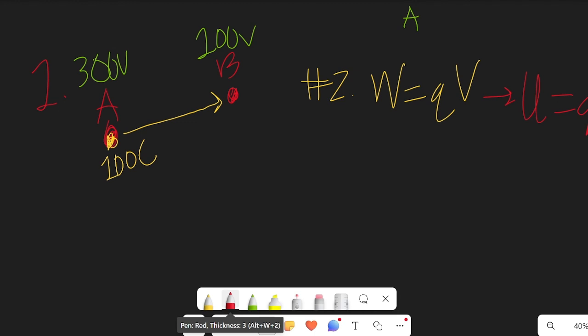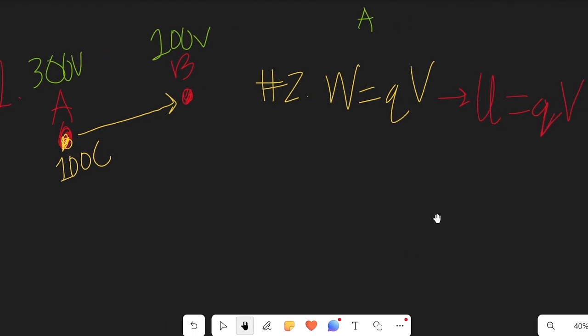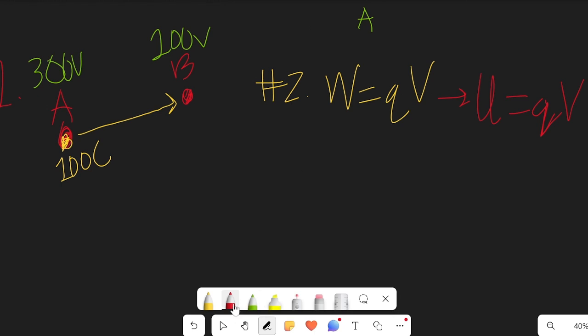And because this problem is talking about how much potential energy is gained when you go from A to B, we have to make another variation to this equation, but this one is simpler. Essentially, we'll say that delta U equals charge times delta V.